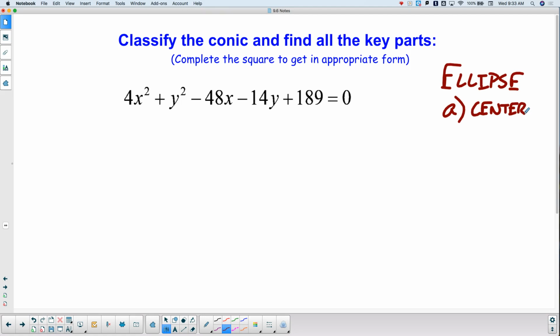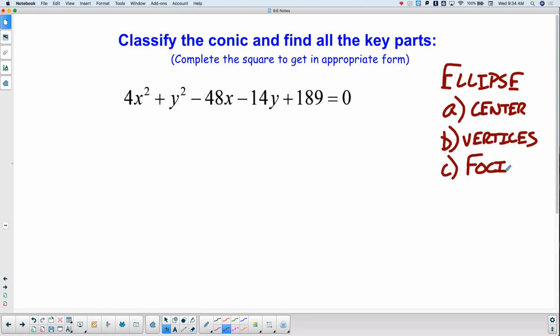Vertices, because there's two of them, right? Yep, okay. And the foci. So far, in any ellipse question, I've had you graph it, find me the center, find me the two vertices, and find me the two foci, right? That's going to stay the same.